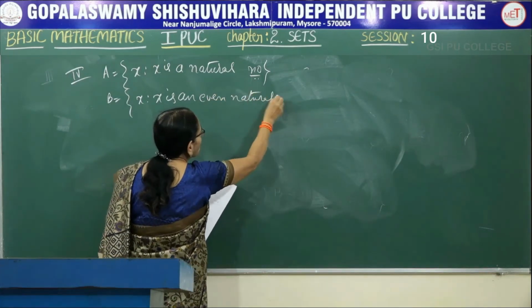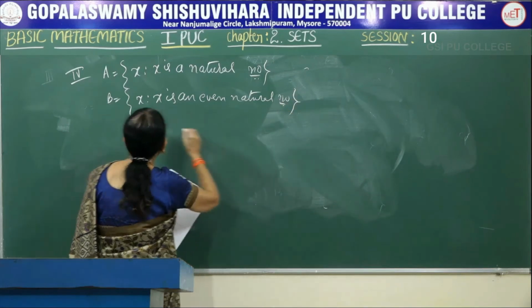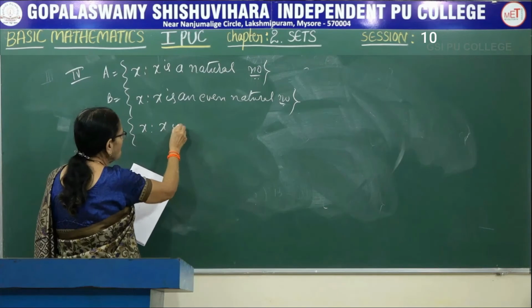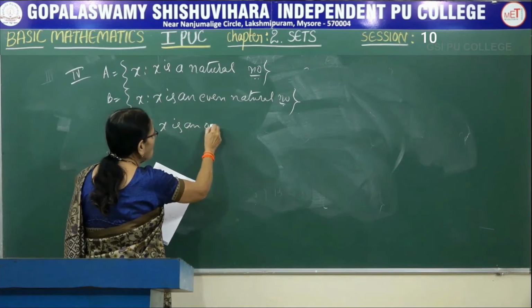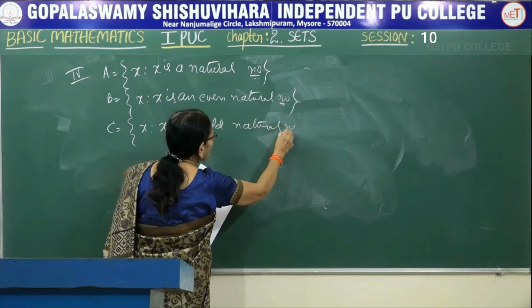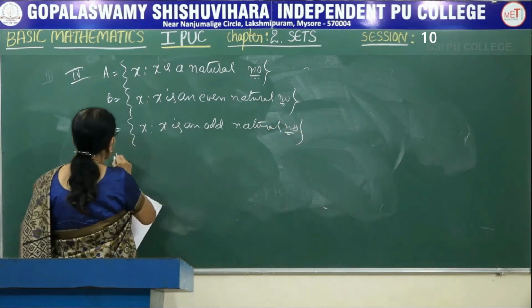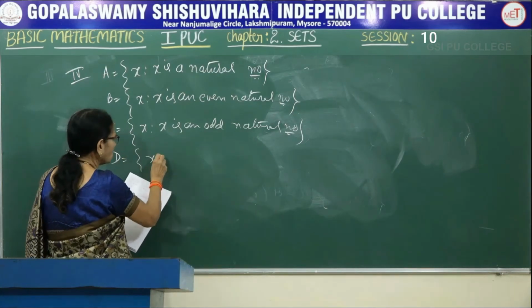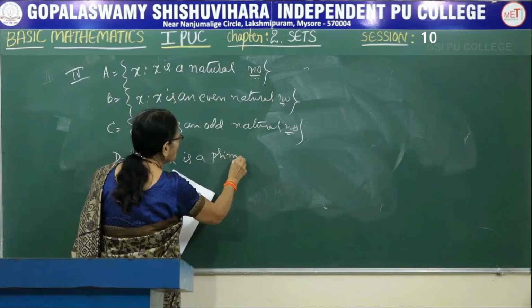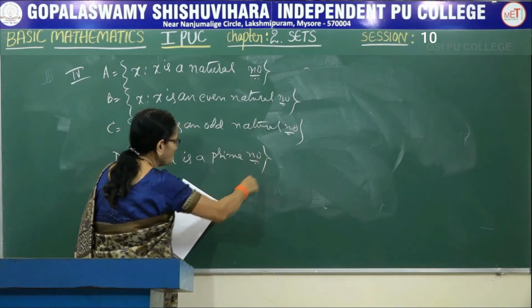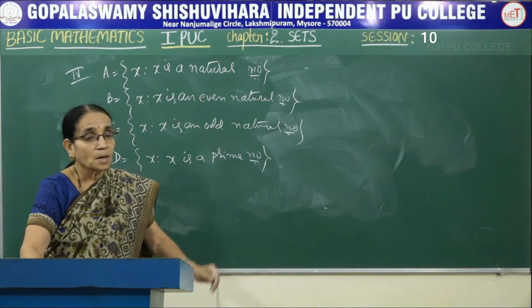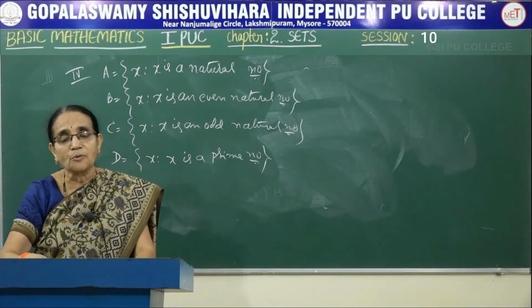Set C contains all x such that x is an odd natural number. Set D contains all x such that x is a prime number. This is how the sets have been defined.